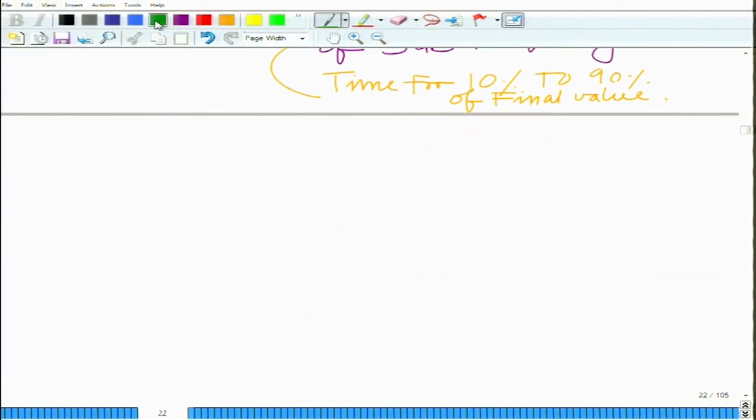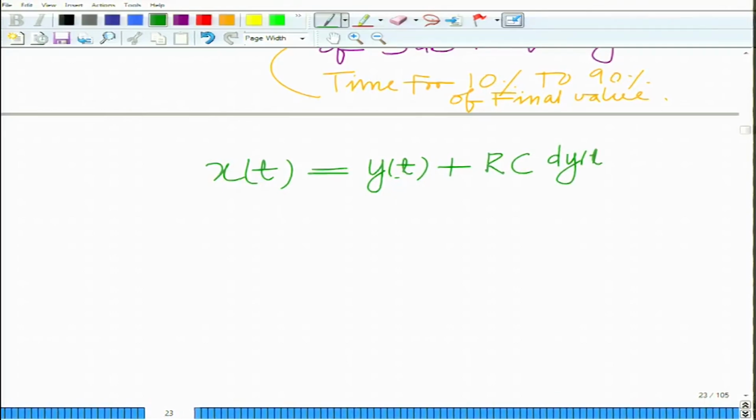Now, we have seen this several times before, that is the input voltage x(t) is the voltage across the capacitor plus the voltage across the resistance, which is I times R, but I is C dV/dt, where V is the voltage across the capacitor. So, this is RC dy/dt.